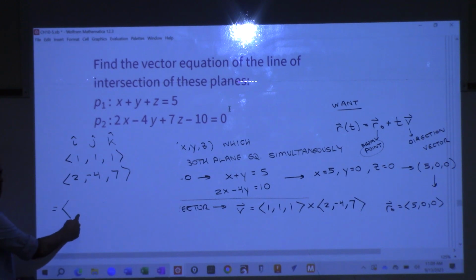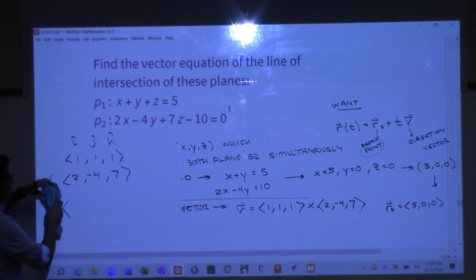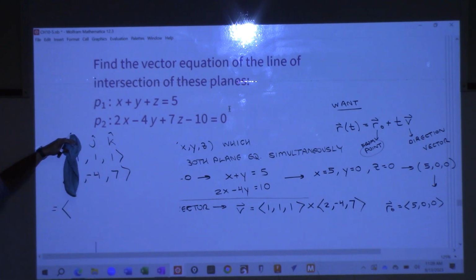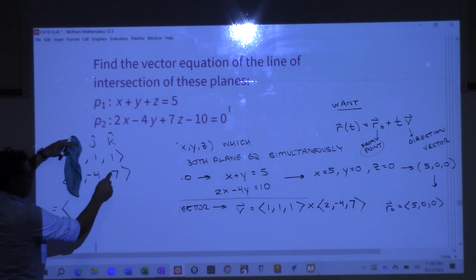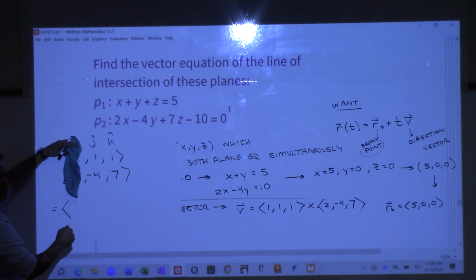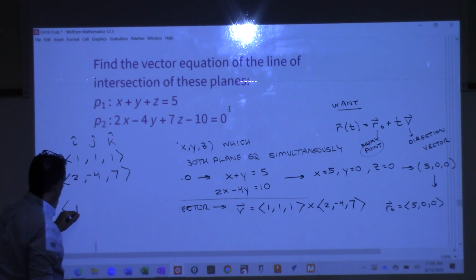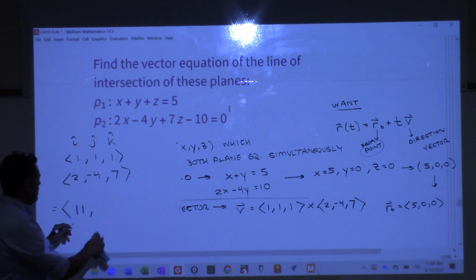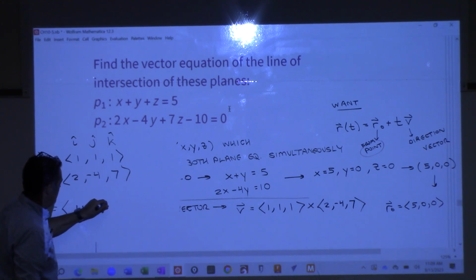The first component of this vector we get by covering up the i's and doing a determinant on the remaining numbers. So this would be 7 take away negative 4, so 7 plus 4, 11. And then we do the middle one. Remember the condition, we had to put in a negative.